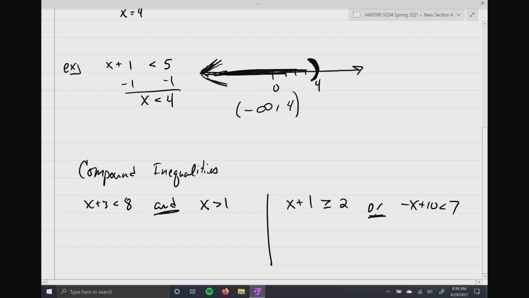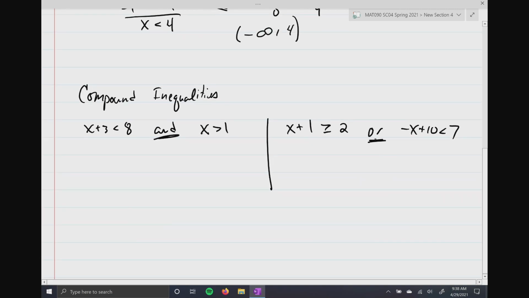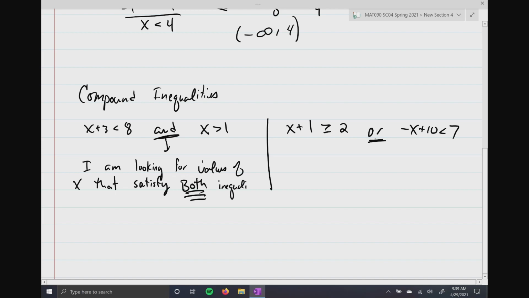The word and means I am looking for values of x that satisfy, and this is the key word, both inequalities.